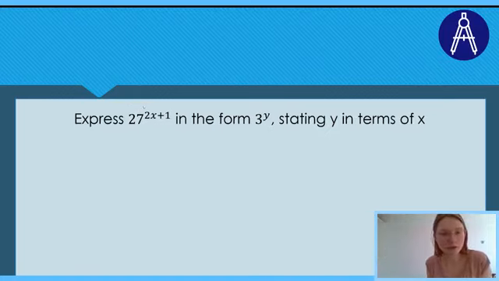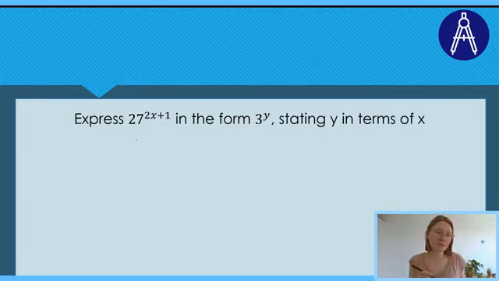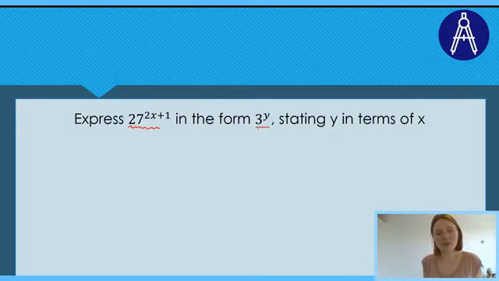Express 27 to the power of 2x plus 1 in the form 3 to the power of y, stating y in terms of x. Now that is a lot of mathematical words. What it simply means is write this so it looks somewhat like that. So if we think about 27, 27 can be written as a power of 3.